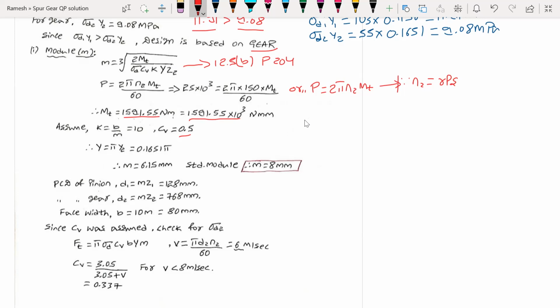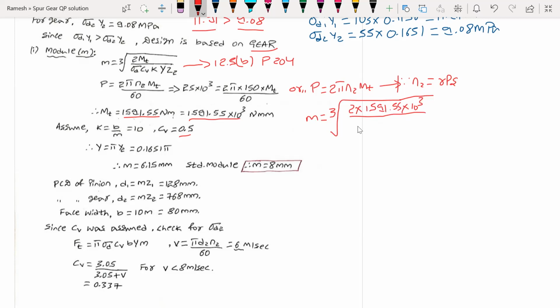Therefore, module is equal to cube root of 2 into Mt. Mt is 1591.55 into 10 raised to 3, divided by sigma d.